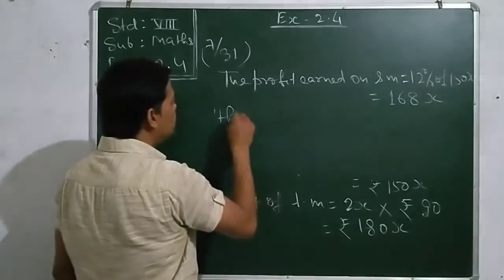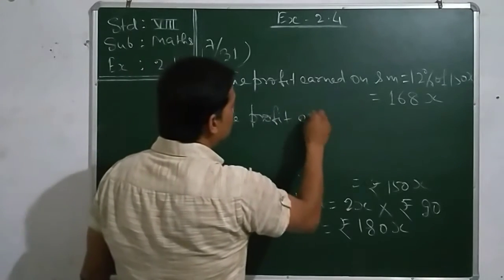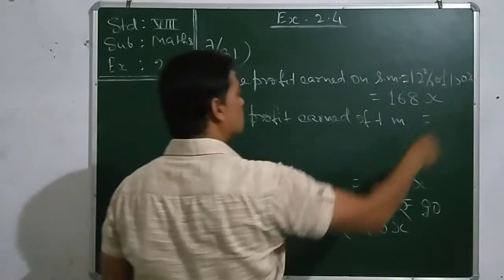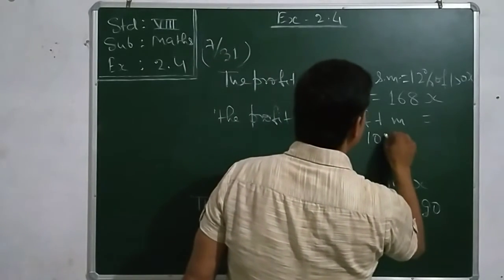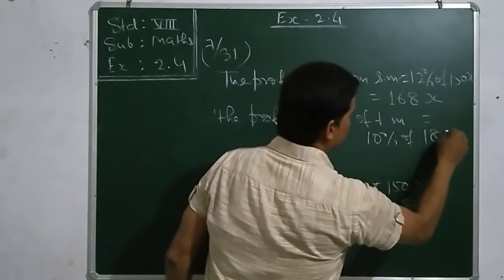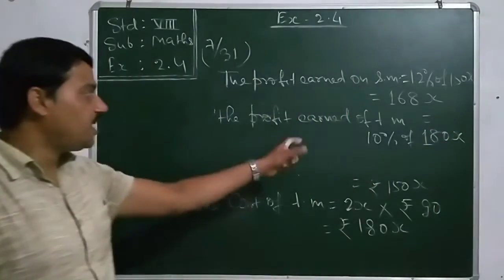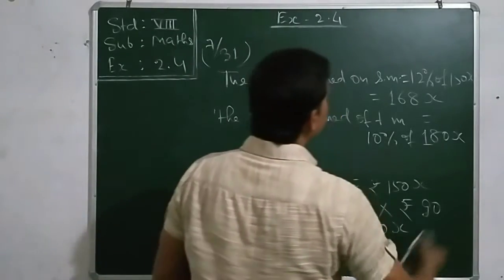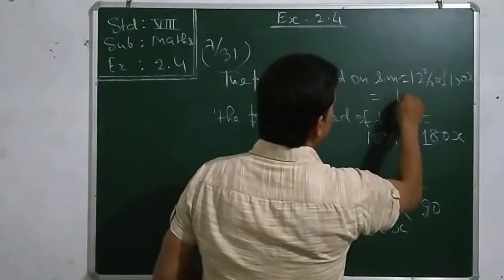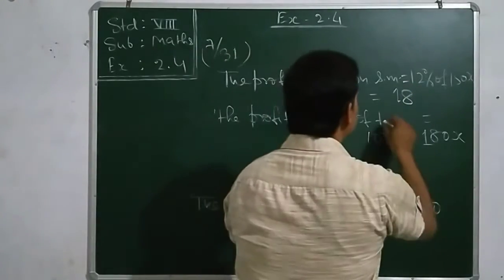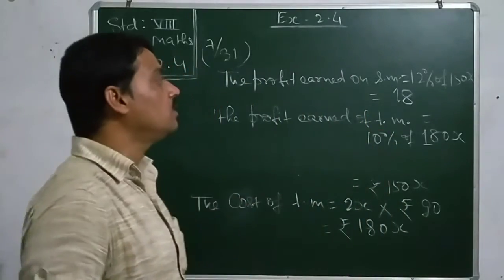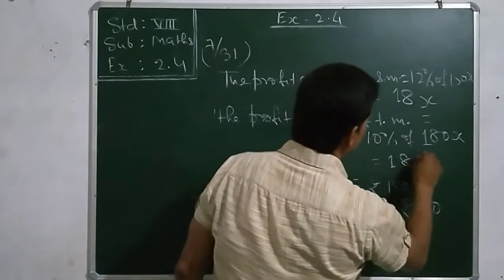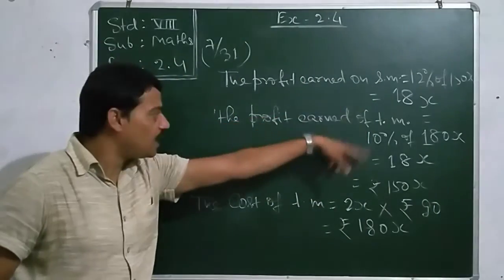And the profit earned on trouser materials equal to 10% of 180x, that will also come to 18x. At both the places profit earned are 18x.